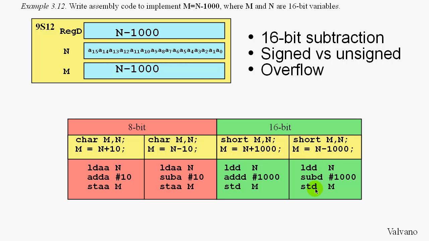In this case, we use register D. Conversely, if we had 8-bit variables, in C, we would have defined them as char for signed 8 bits or unsigned char for unsigned 8 bits. And in assembly language, we perform an 8-bit operation by selecting an 8-bit register. Here we've selected register A, but I could have also selected register B, which is also 8 bits.